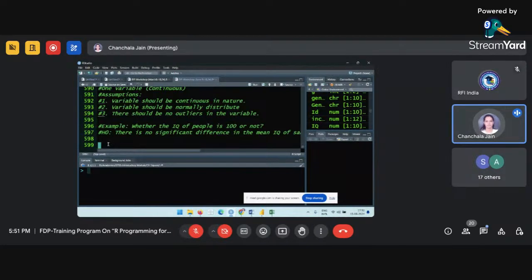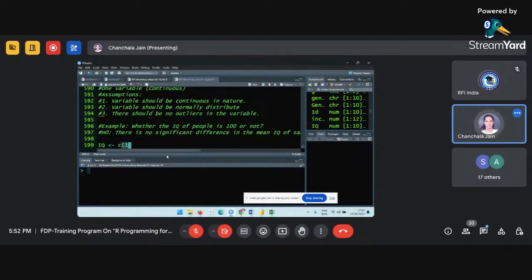I need to measure the IQ in people, or I can ask if a person knows it. If not, there is a formula available using which IQ can be calculated. But suppose I am creating one vector here and giving it the name IQ. So the vector is, see, I need to put some figures here.